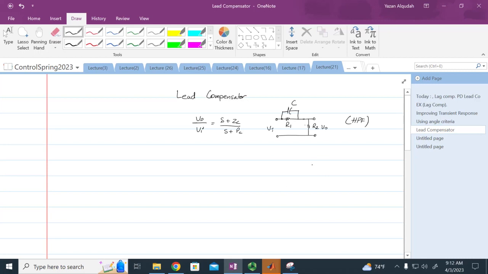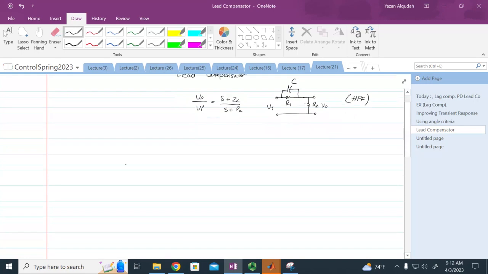Okay, so what we're going to be doing with the lead compensator, we have a pole and a zero that we're going to be adding. And unlike the lag compensator, we're going to have the zero, this is theta p, this is theta z, closer to the origin than the pole.